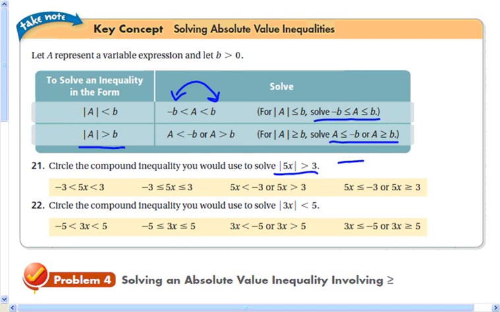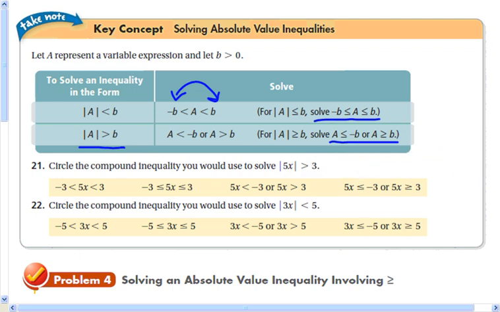So in other words, on a number line, it's like this. Out here we have 3, out here we have negative 3. The solutions, the 5 times x is either out here, an open circle, or it's over here. So it's either greater than 3 units to the right of 0 or greater than 3 units to the left of 0.